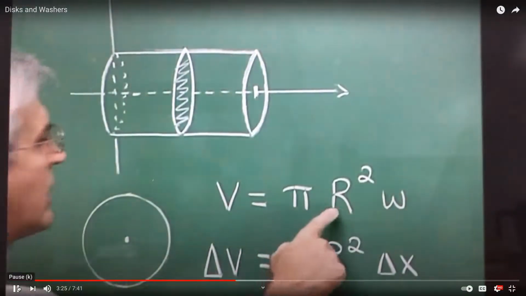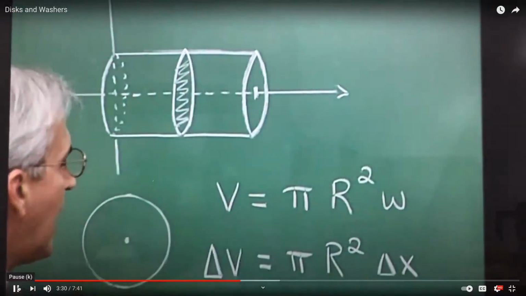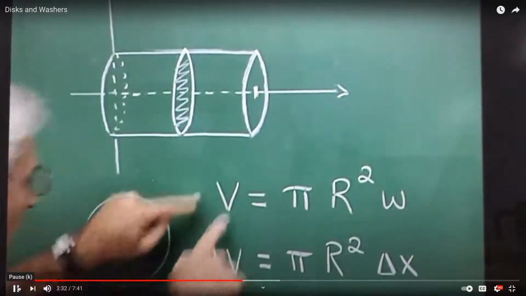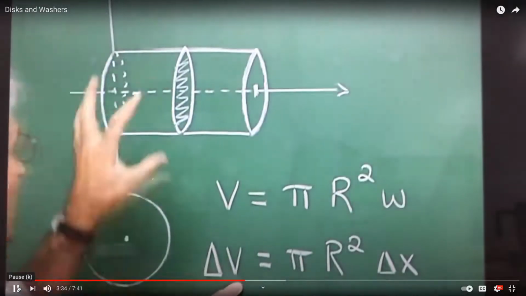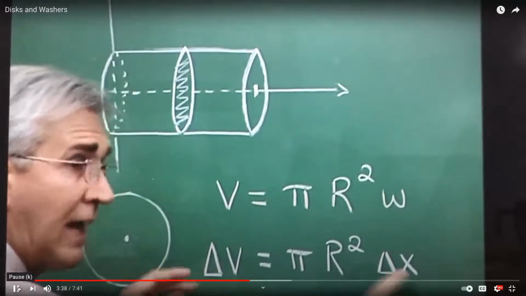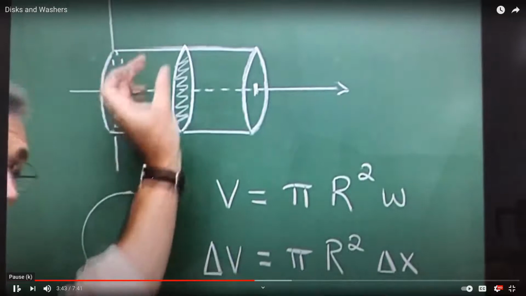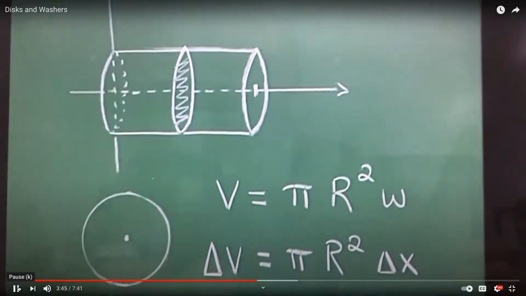Now notice the notation here, big R squared, for the radius of this. And when we talk about a little delta volume here for the little disk, it's pi R squared times some delta X, some X interval over which we are slicing these little pieces of our cylinder.